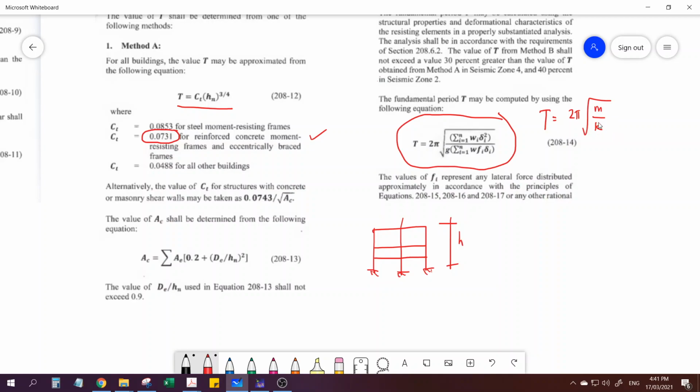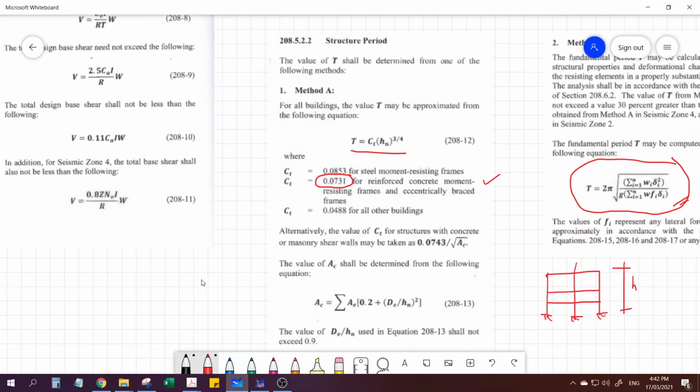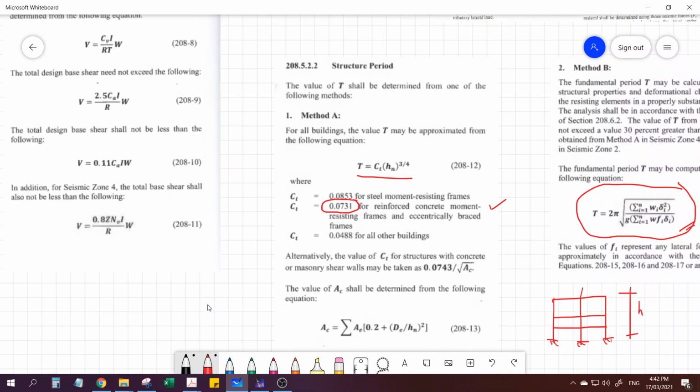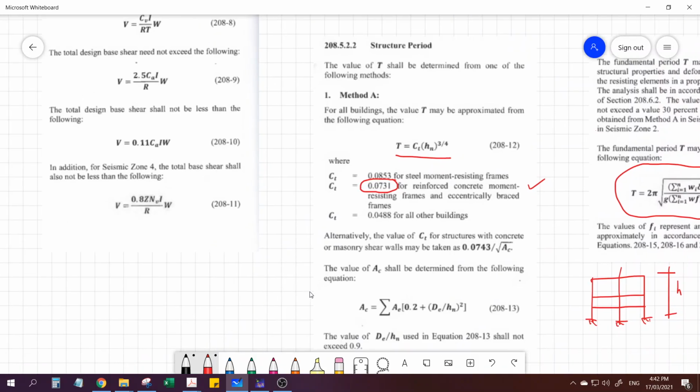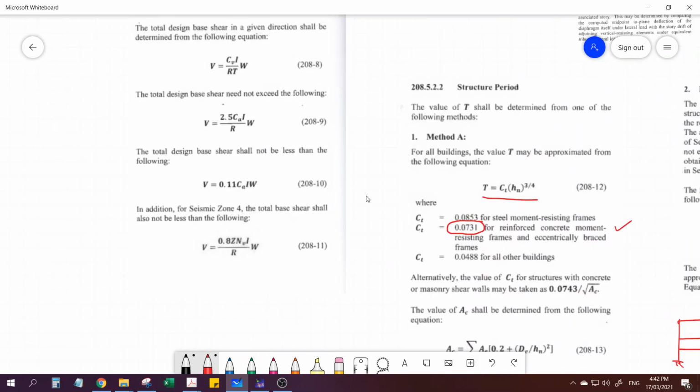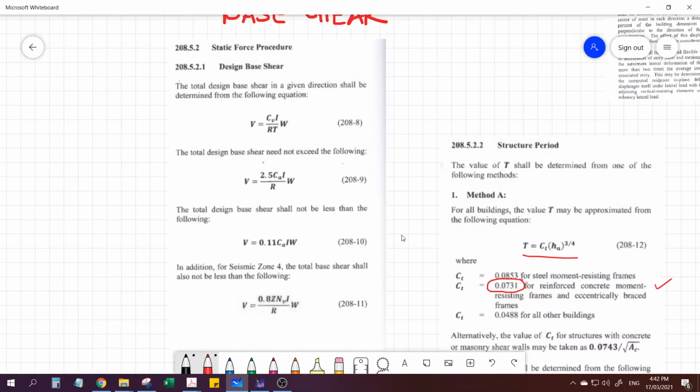Okay, so this formula is actually this. I have a video discussing the equivalence of those two. Okay, so we now have those parameters. We can now find the base shear.